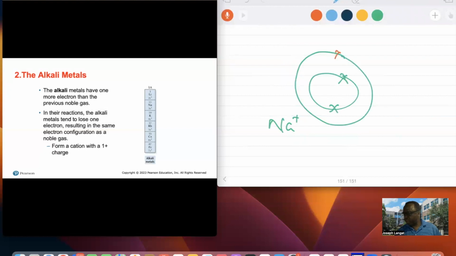Now you see where we have 8 electrons in the outermost shell. That's what is meant by that.